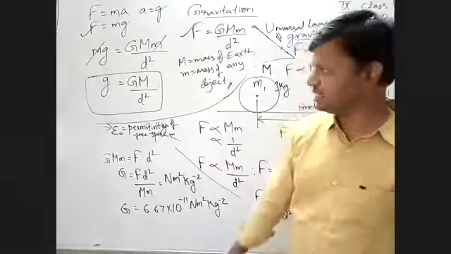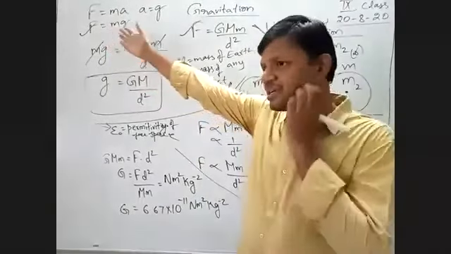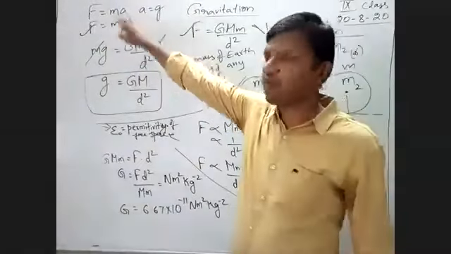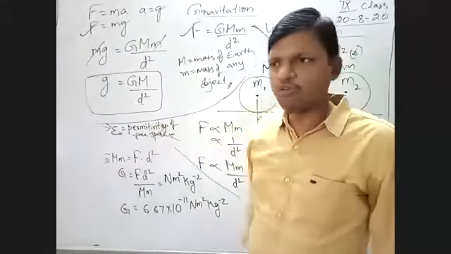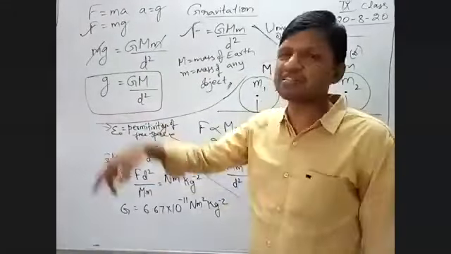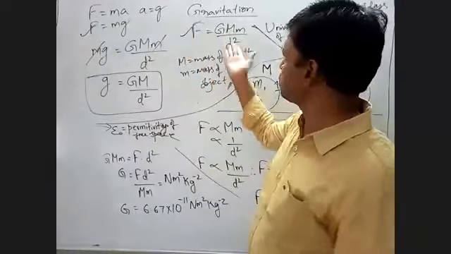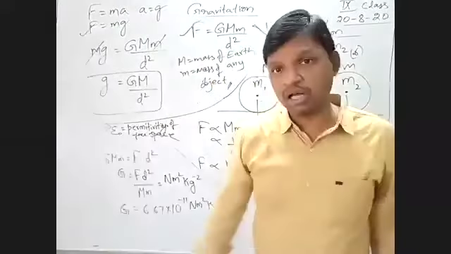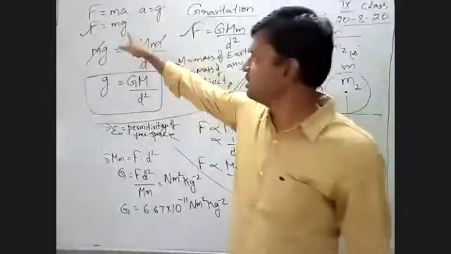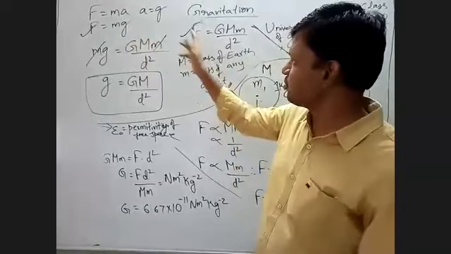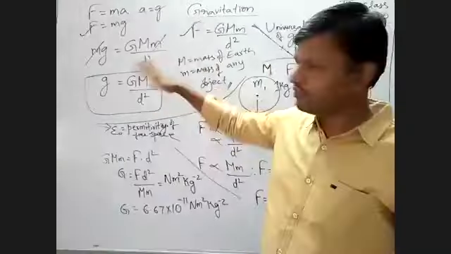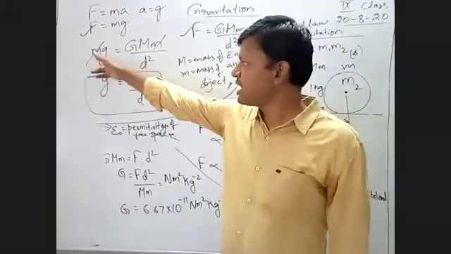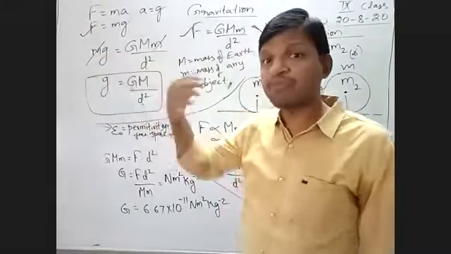What can we say is, from Newton's second law of motion, we have already F is equal to ma, which is the force acting on that object if it is accelerating. Then here also we have one another formula. So if we see the relation between G and g, as the forces are equal, we equate these two. And this m is the mass of some small object when compared to the mass of the Earth.